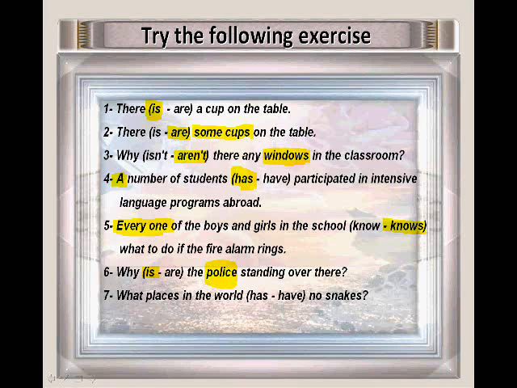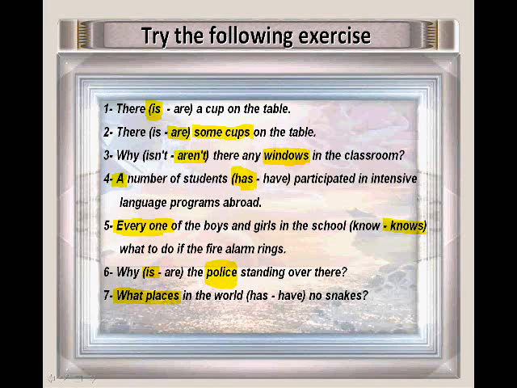Number 7. What places in the world has or have no snakes? Yeah. So the subject here is what? Places. It's plural. So the verb is going to be what? Is it has?